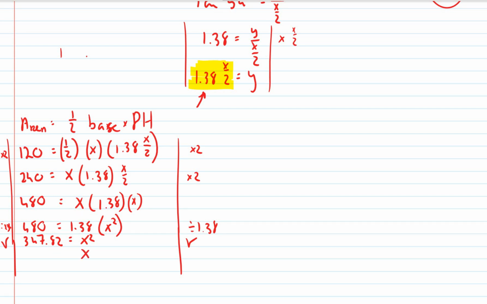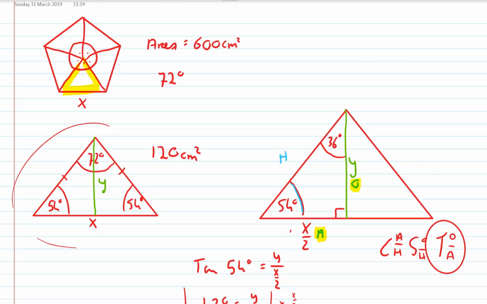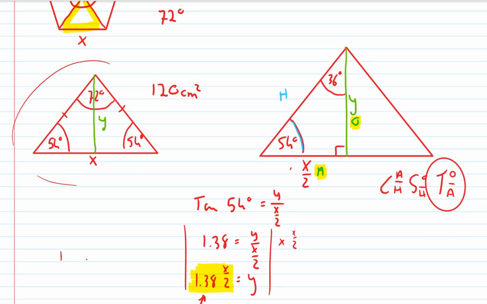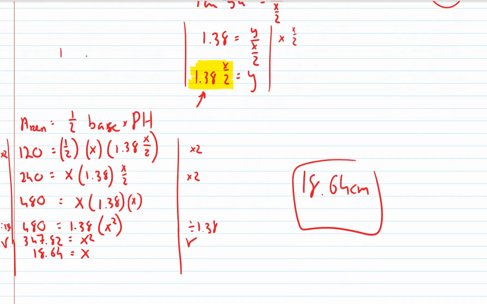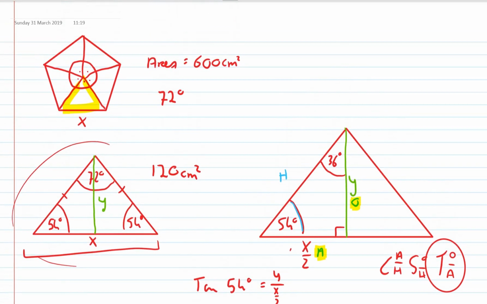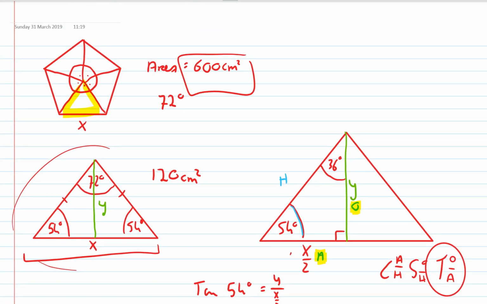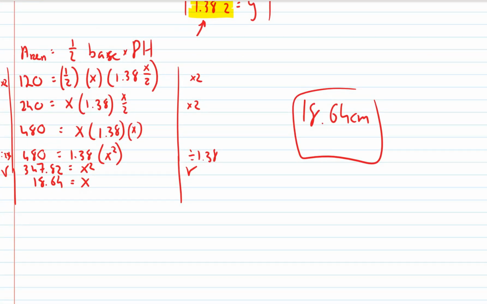So square root of this is x, and square root of that is 18.64. It's centimetres because we were told it's centimetres squared at the start. So that's that, guys. Thanks.